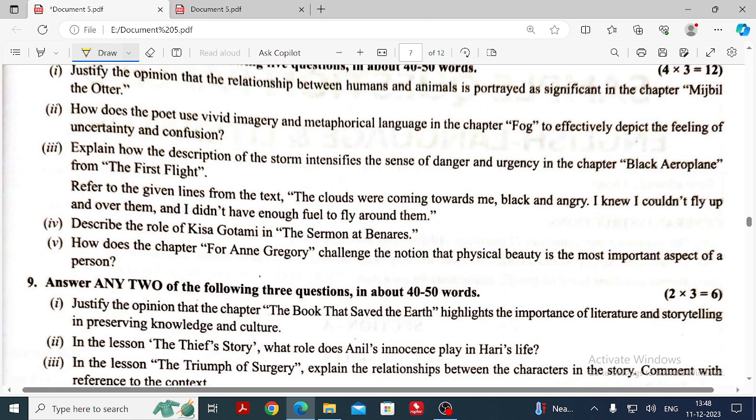Now the very first question, see that. Justify the opinion on the relationship between humans and animals. In the morning we discussed that in that lesson the most important idea is that without a pet animal, life is lonely. So in that perspective you should attend the question. This situation was happening in London.